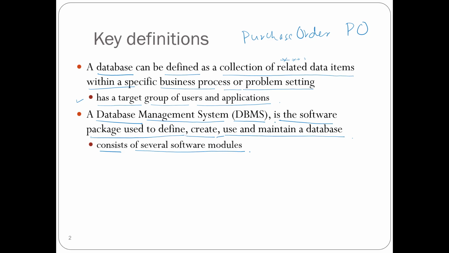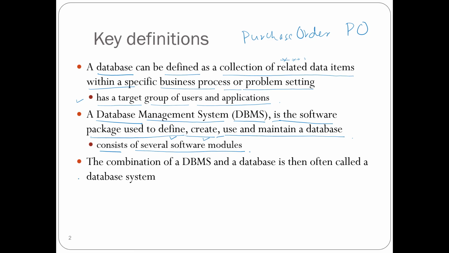But anyway, what will this software do for us? It's a software package that is used to define a database, to create a database, and to use and maintain the database. And one more time, it has several software modules to take care of these responsibilities.